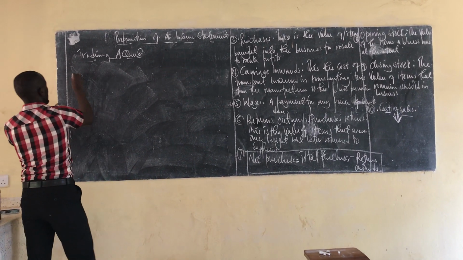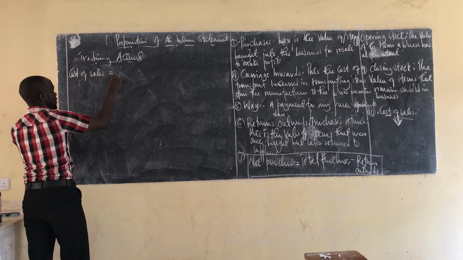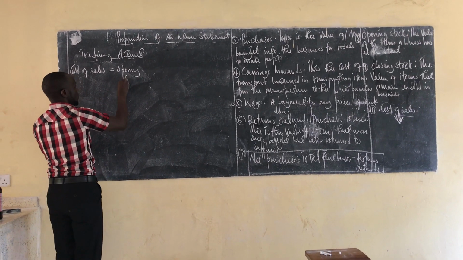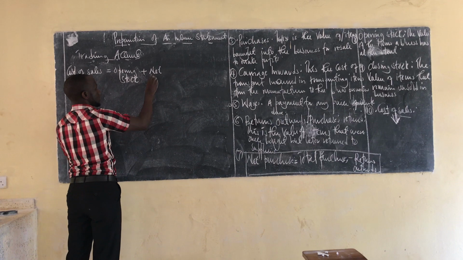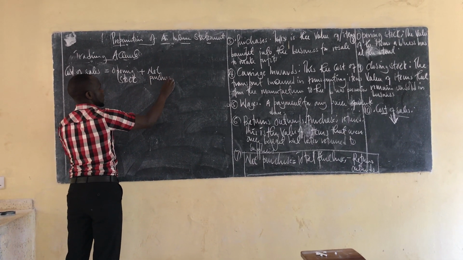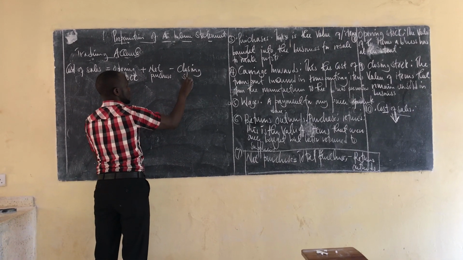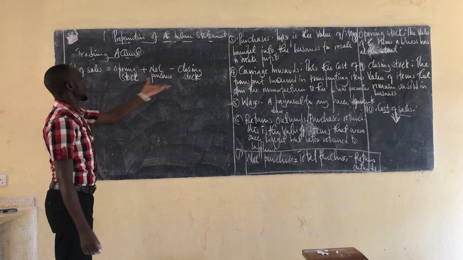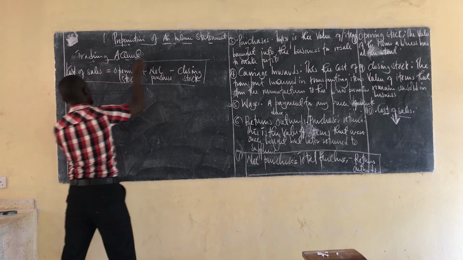Now we say cost of sales is the same as opening stock, plus the net purchases, then we subtract off the closing stock. Particularly, this is how we find the cost of sales.